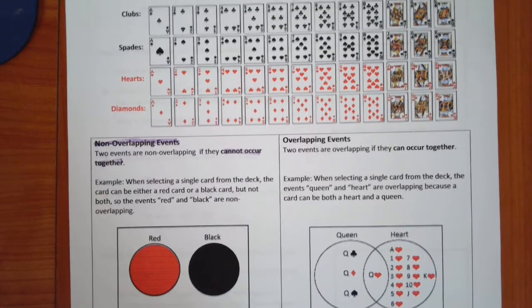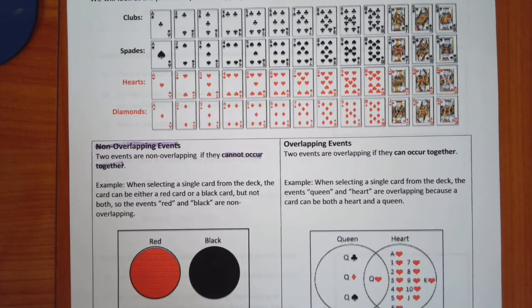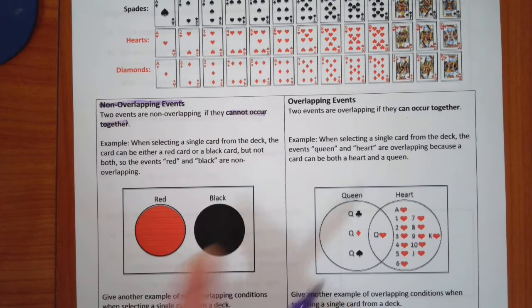So, for example, if we're looking at a deck of cards and we want to pick a black or a red card, but not both, they are non-overlapping. Each card is either red or black.